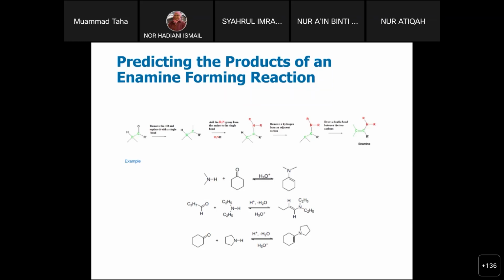Why? Yes, Imran. Yes, doctor. If there is a methyl group on the alpha position, this reaction is not possible. Both sides. Only if it has it on one side, it is not possible.